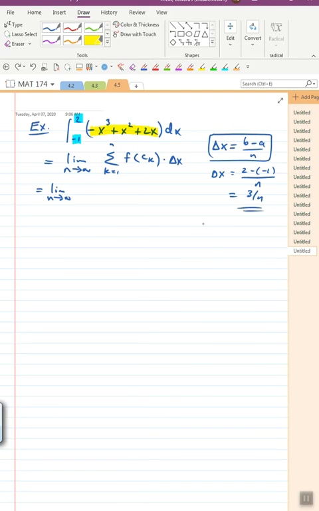Do you remember the formula that we came up with for right endpoints? If c1 was going to be the right endpoint of the first subinterval, c2 the right endpoint of the second, and so on, we came up with a little formula for what each one of those ck's would look like.